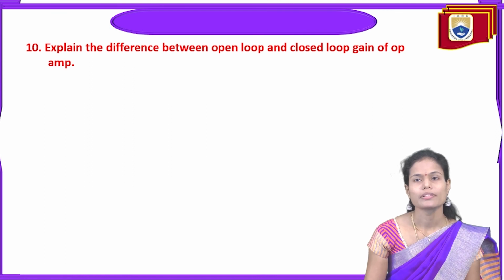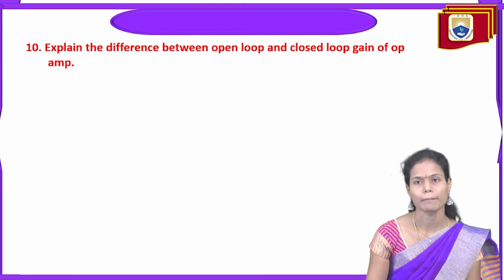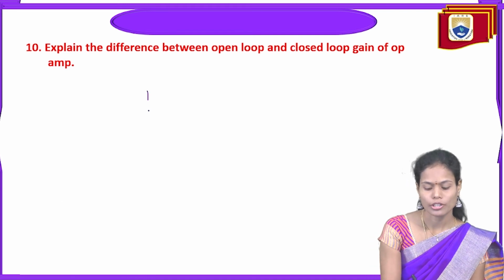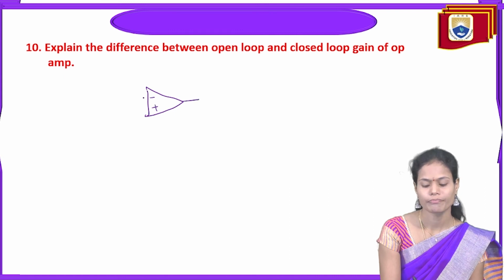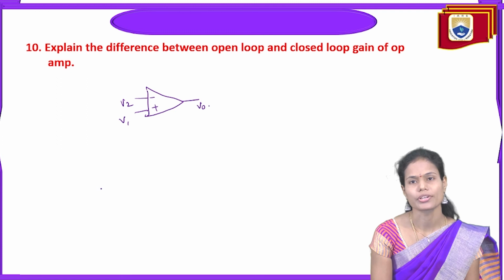And next, explain the difference between open loop and closed loop gain of an operational amplifier. If you take one particular operational amplifier with the inverting and non-inverting terminals, we provide the two voltages V1 and V2, and we get the output voltage here.